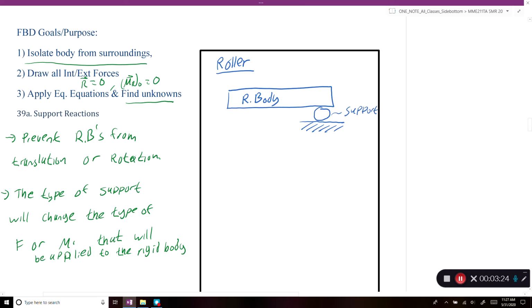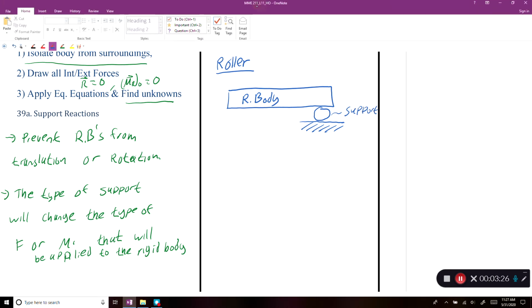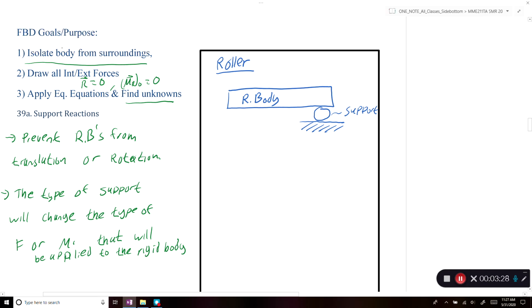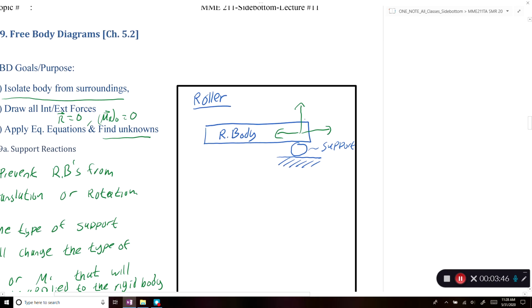What we're interested in is how the roller restricts the motion of our rigid body. In this case, the rigid body would be allowed to translate in any of these directions. It could also rotate about this point.